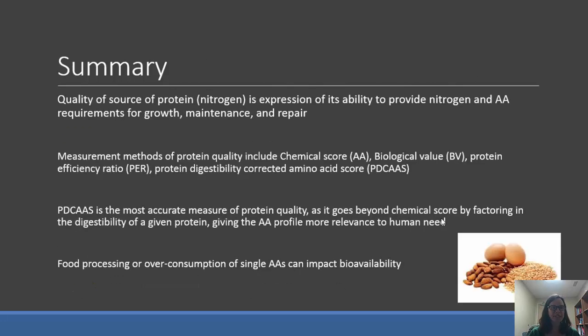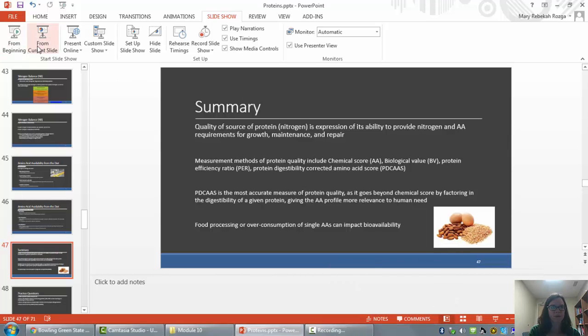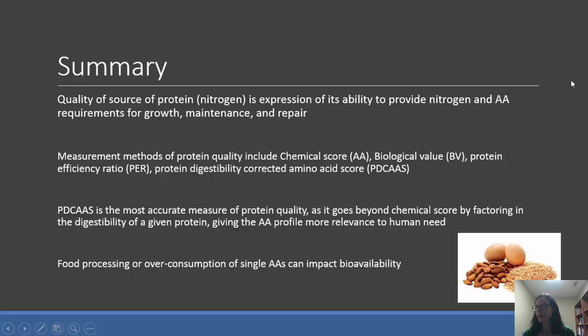Okay, so here's a summary from this section. When we're measuring the quality of the source of protein, what we're really measuring analytically is the nitrogen.